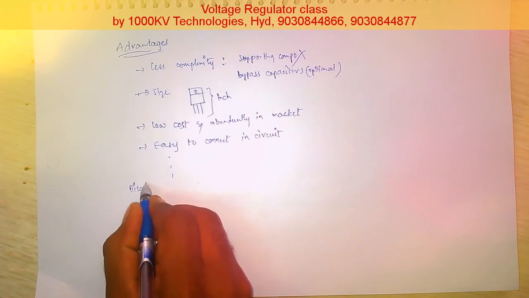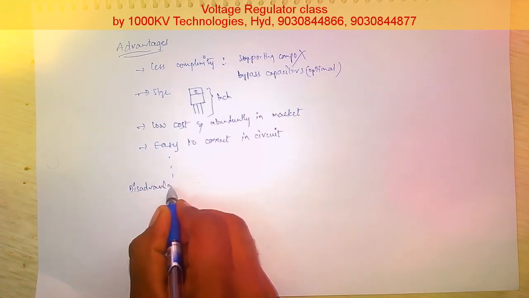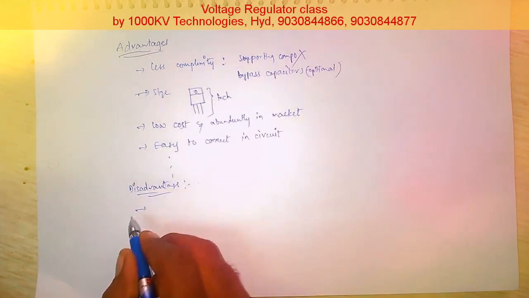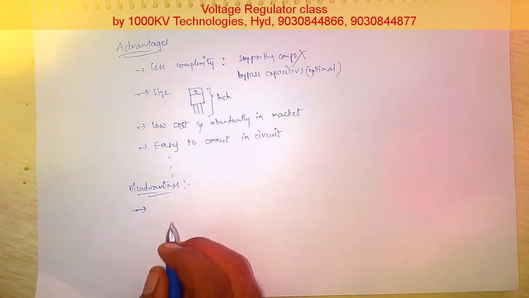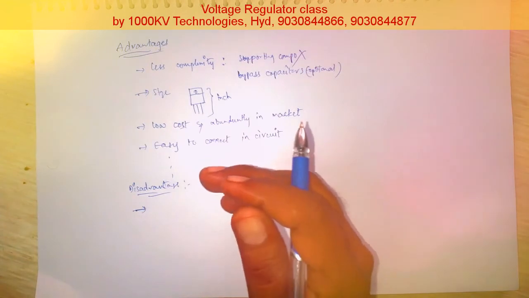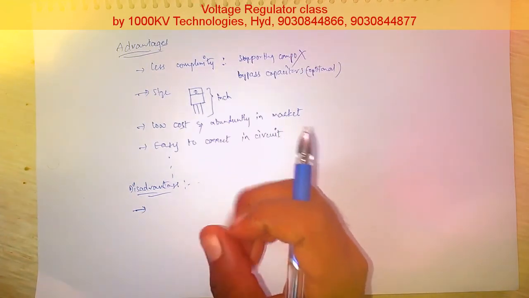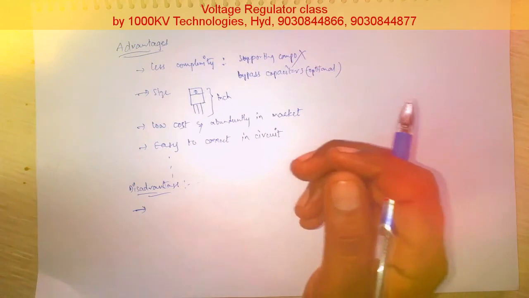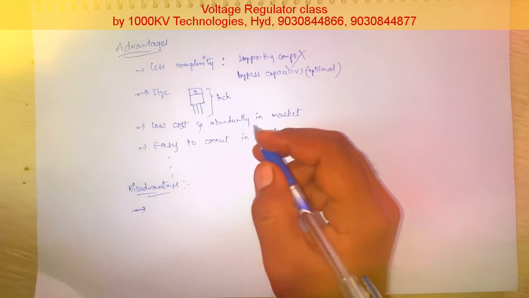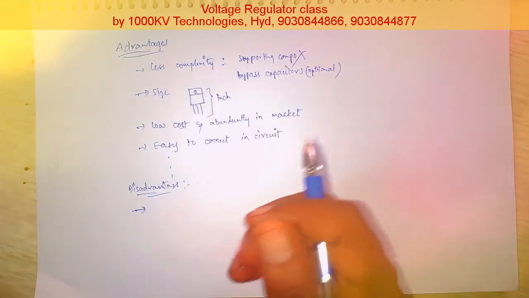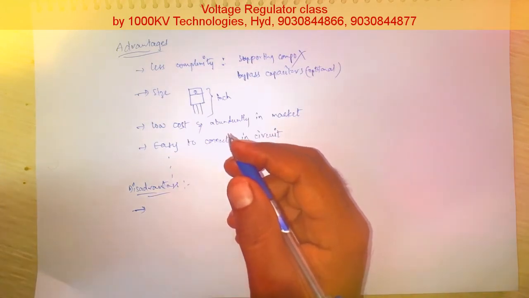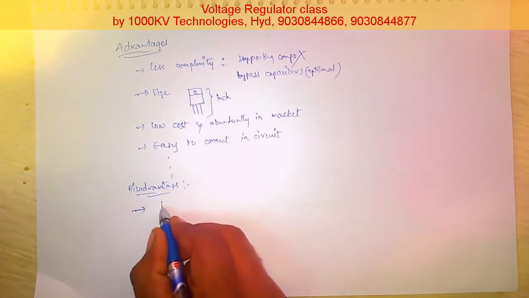And coming to disadvantages, when you use these regulators at the peak point of their operation, at the upper limit of the rated voltage, they dissipate more heat. So in order to dissipate the heat into the atmosphere, you have to use heat sinks.